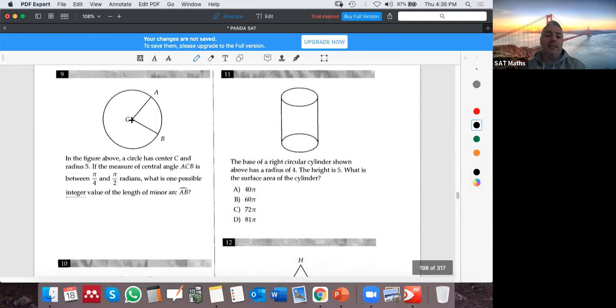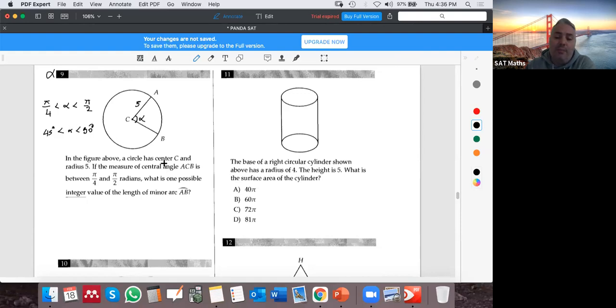Yeah, this is very interesting question, guys. It's very interesting, good question. In the figure above, a circle has center C and the radius is 5. So this is now 5 units. If the measure of the central angle ACB, which is alpha, is between pi over 4 and pi over 2, which means 45 degrees and here, 90 degrees between them.